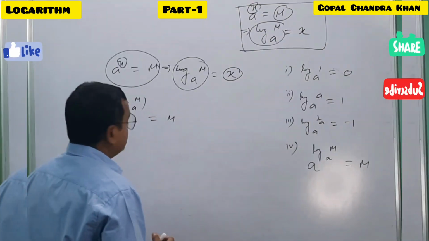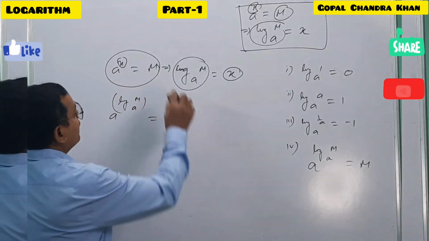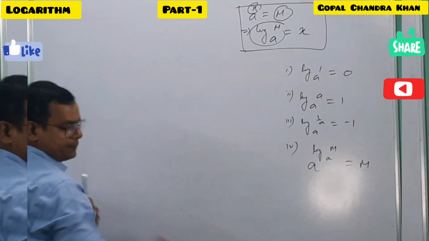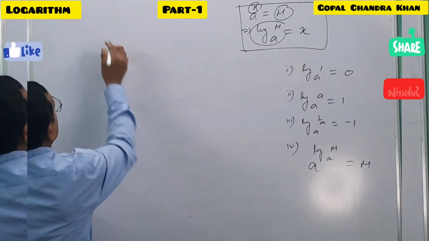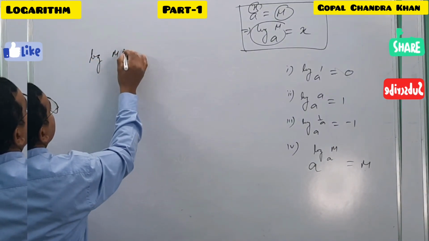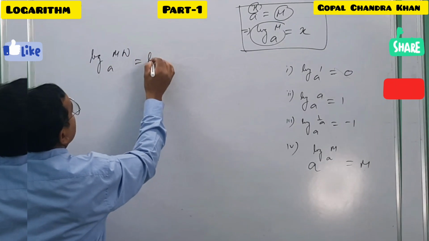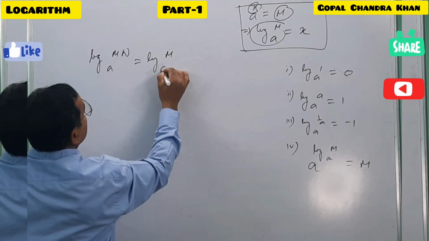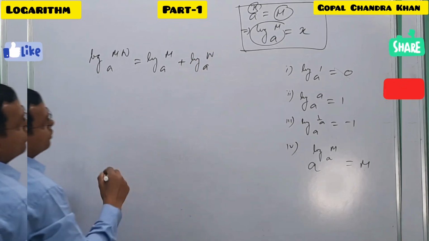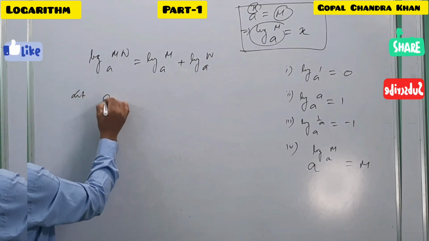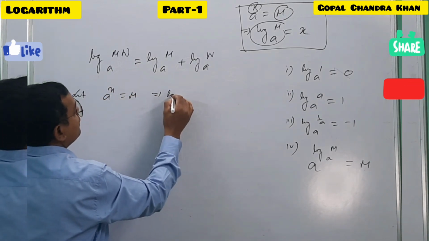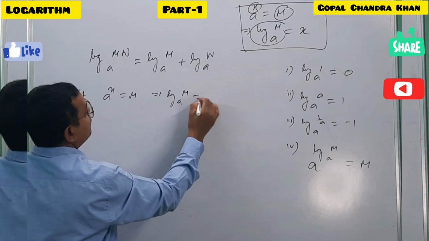Now the most important formula which we use again and again is logarithm mn base a equals to log m base a plus log n base a. Let me show you. Let us take a to the power x equals to m, that gives you log m base a equals to x.